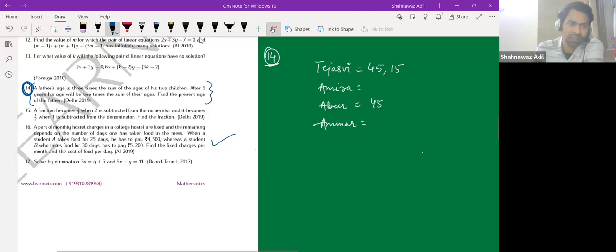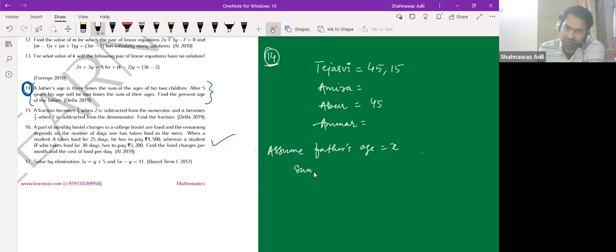Who got disconnected? Amar got disconnected. Yeah. So father's age is three times the sum of the ages of his two children, right? So we have to assume that father's age is X and the sum of the children's age is Y, right?